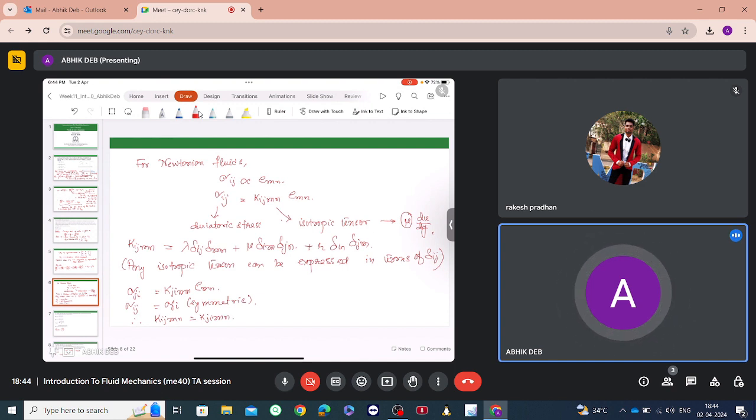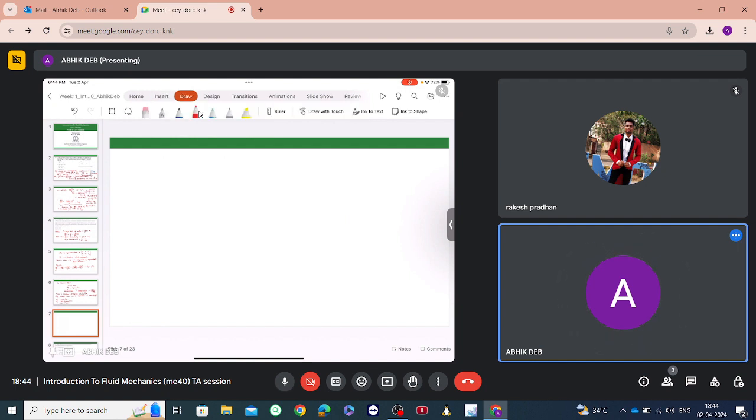Okay, so if we write this and simplify it, we will get the following. Kijmn is lambda delta ij delta mn plus mu delta im delta jn plus r delta in delta jm, and Kjimn is lambda delta ji delta mn plus mu delta jm delta in plus r delta jn delta im. So we are just subtracting it.